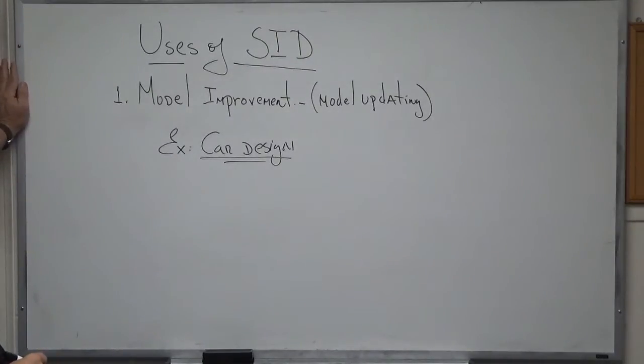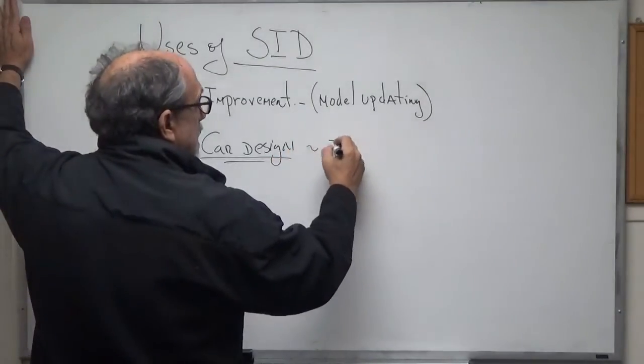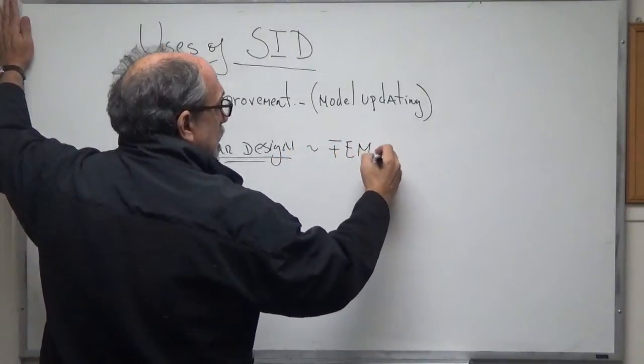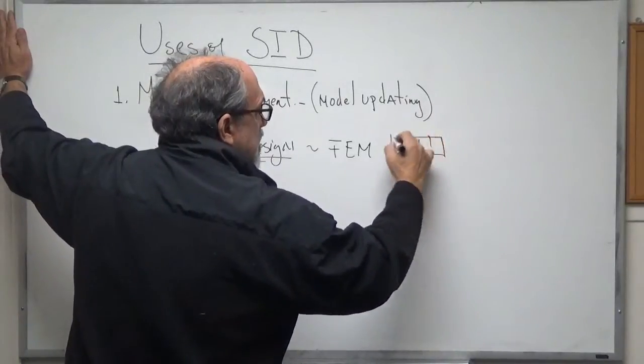The design engineer is interested in making the car ride as smooth as possible. So you make a finite element model of the car.